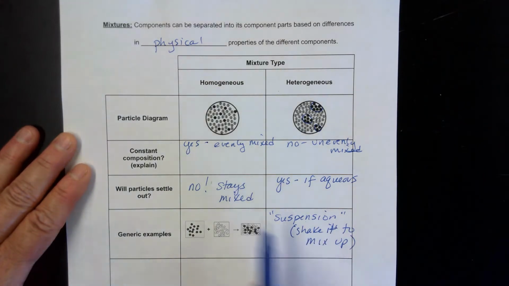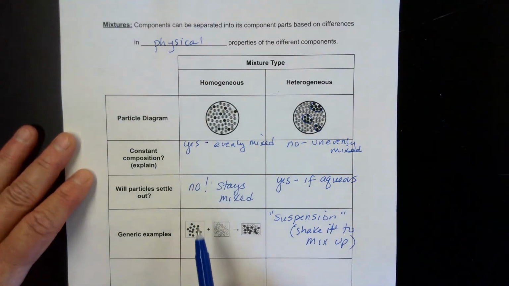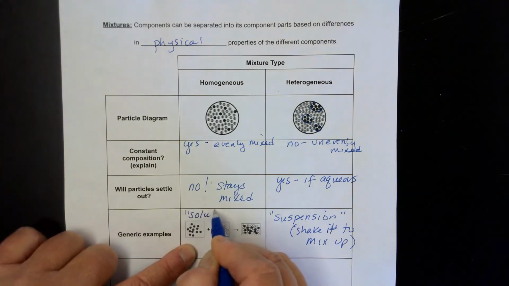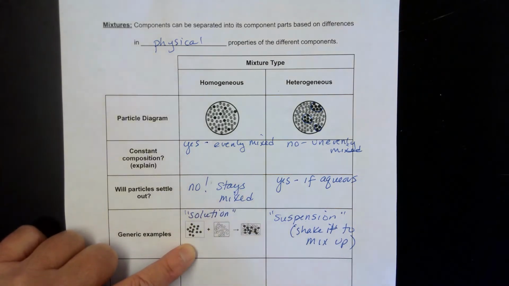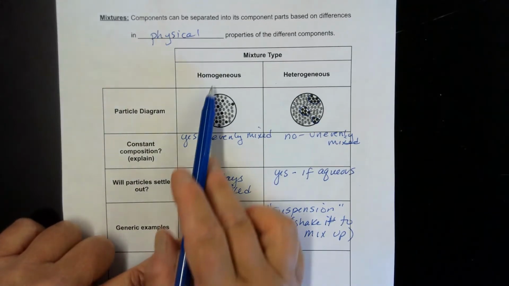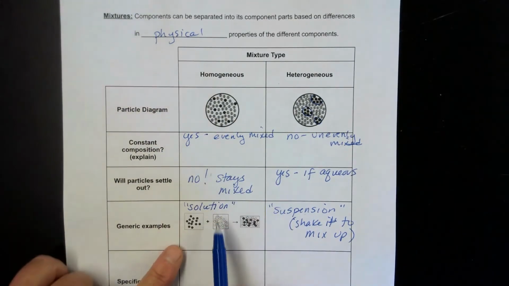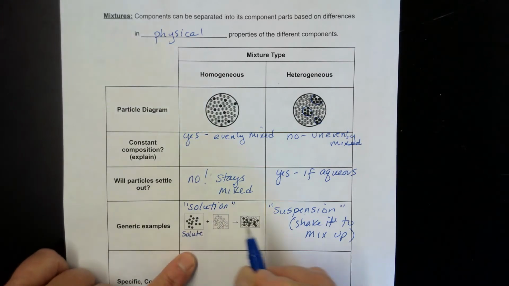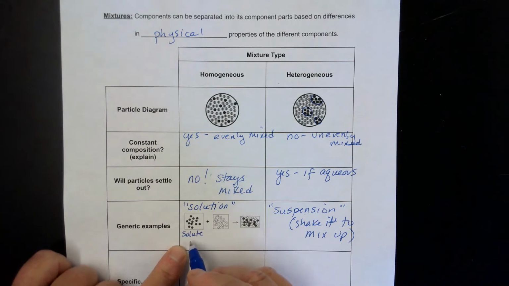A homogeneous mixture is typically referred to as a solution. So when you hear the word solution in this class, you know that you are talking about a homogeneous mixture. In a solution, you have something that is called a solute. For example, if you were making salt water, the solute might be the salt that you're adding.